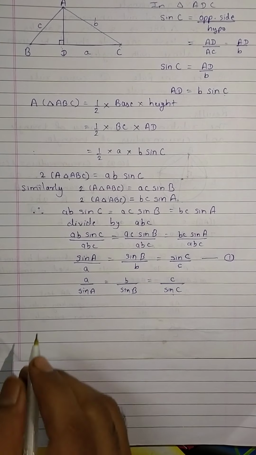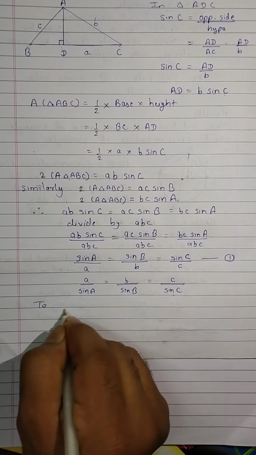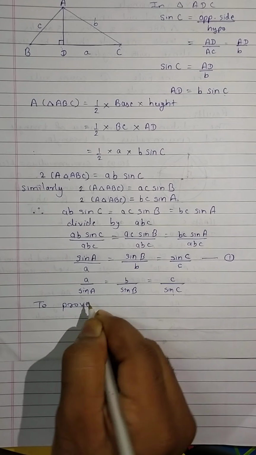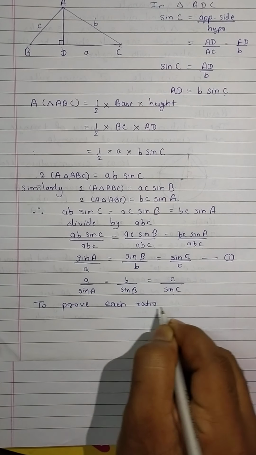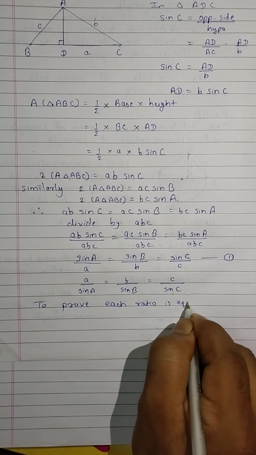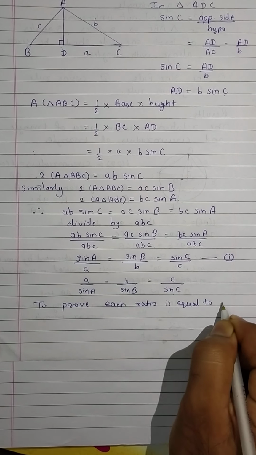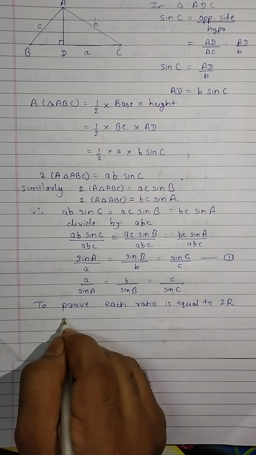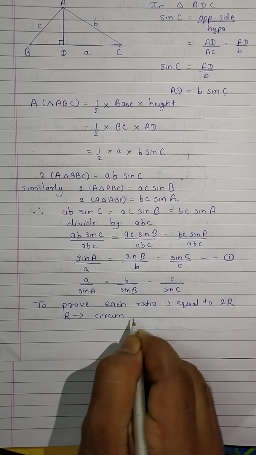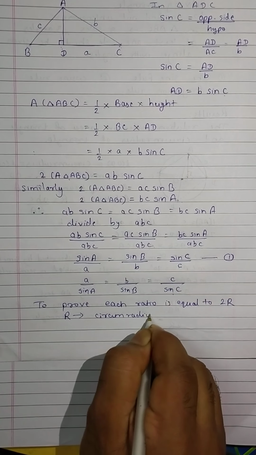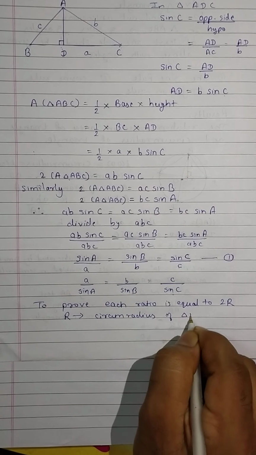So now to prove each of these ratios is equal to 2R. And what is R? Circumradius of triangle ABC.